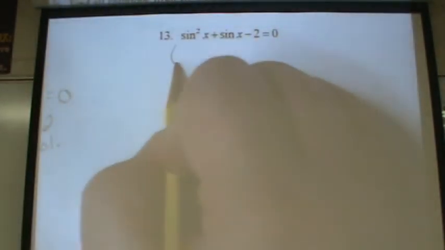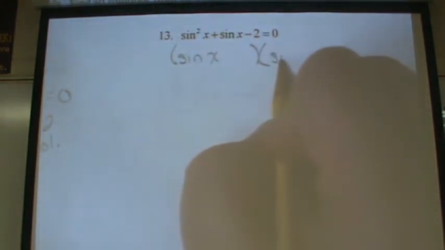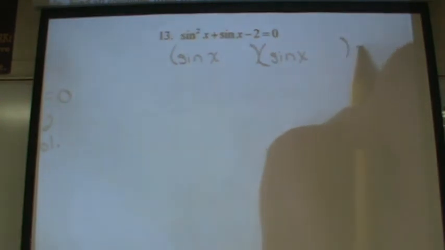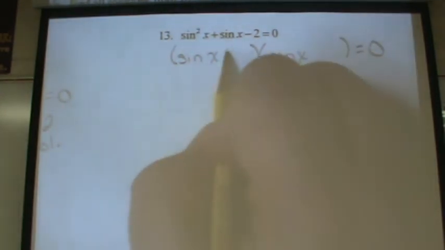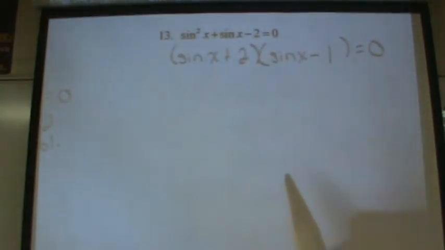Number 13. Number 13, we're going to factor. We have sine x and sine x, and we're going to add 2 and subtract 1. So that's how that factors.